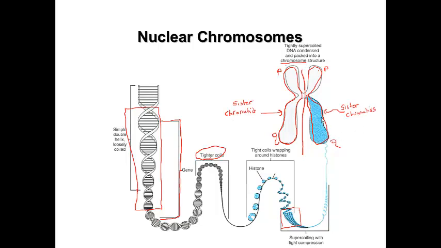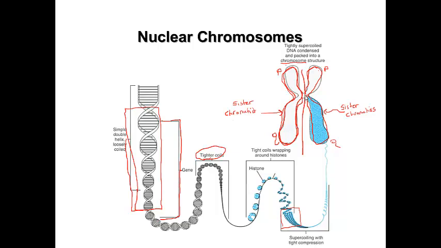And it turns out that you have one big, long, linear DNA chromosome all coiled up in one of these sister chromatids, and then you have the absolutely 100% identical, big, long, linear DNA chromosome all coiled up here.